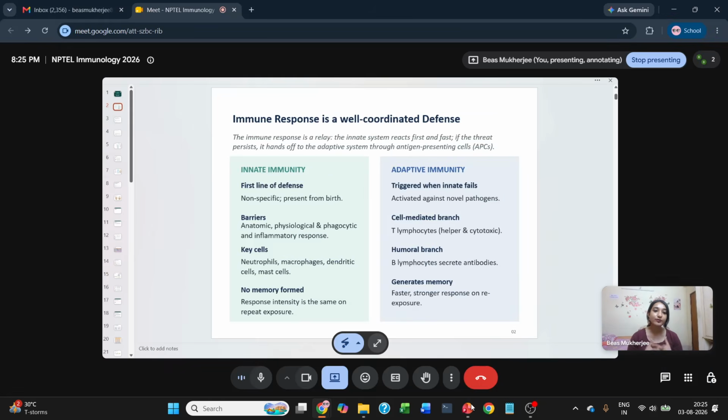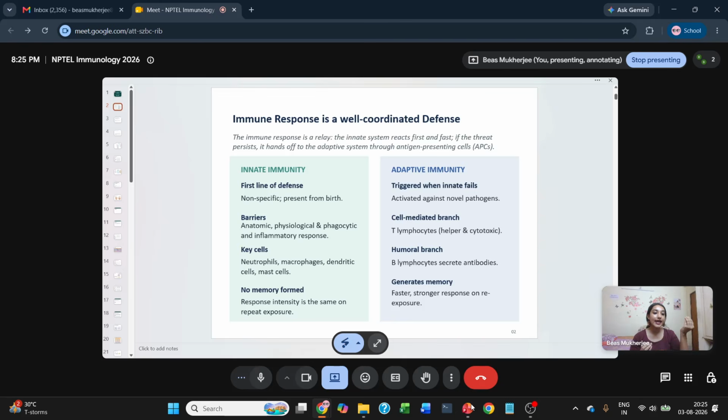So we'll start with the immune system. Immune response is a well-coordinated defense system. The immune response is a relay between innate and adaptive immune response that we have talked about in the previous class. This is just to give you an idea and understanding of what the innate immune response and adaptive immune response is, in case you guys have forgotten. Okay. Now, if the threat persists, initially what starts off is the innate immune response.